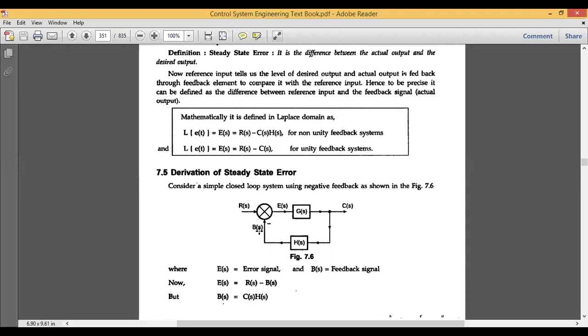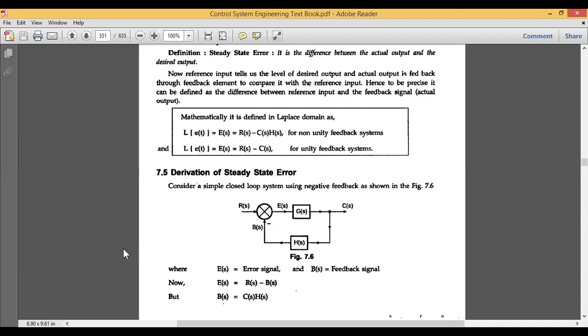To find B of S, we multiply the output of the system by the feedback, so B of S is equal to C of S multiplied by H of S. Similarly, E of S is R of S minus B of S.